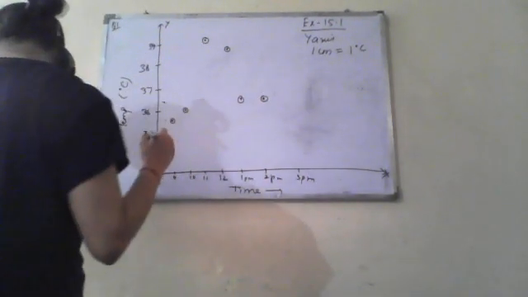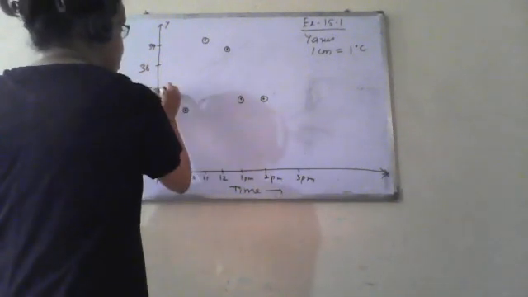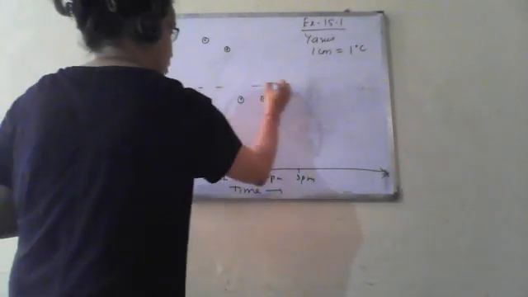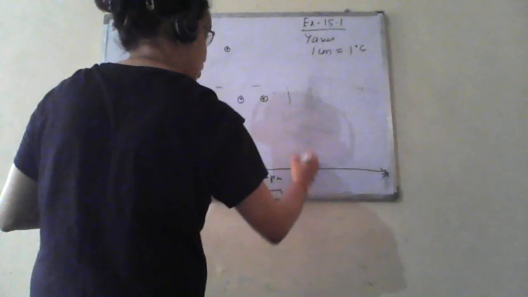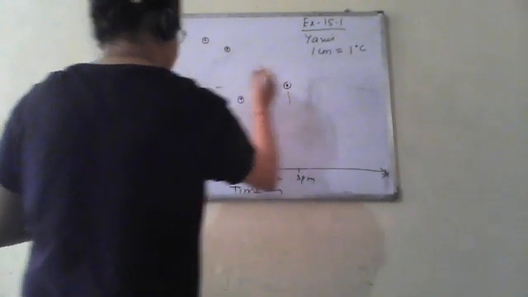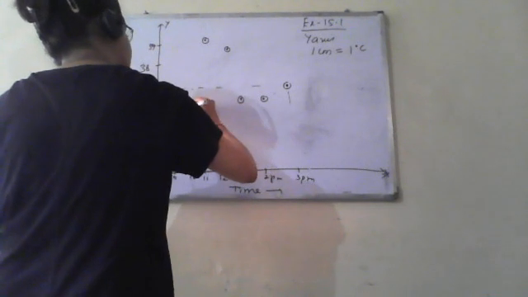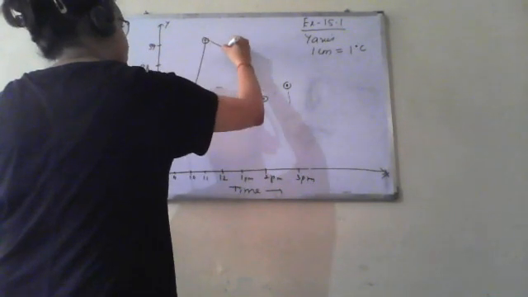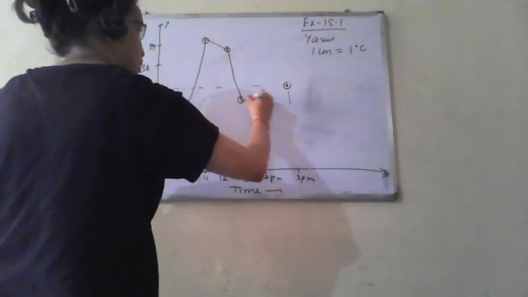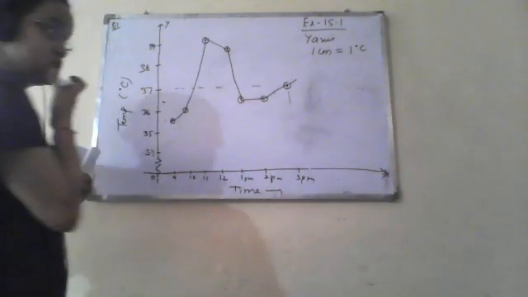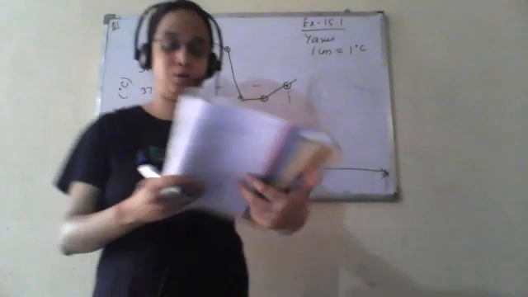At 3 p.m. it was 37, so it was nearby. Okay. Now we can join these points with a line. So this is basically the rough idea you can have.